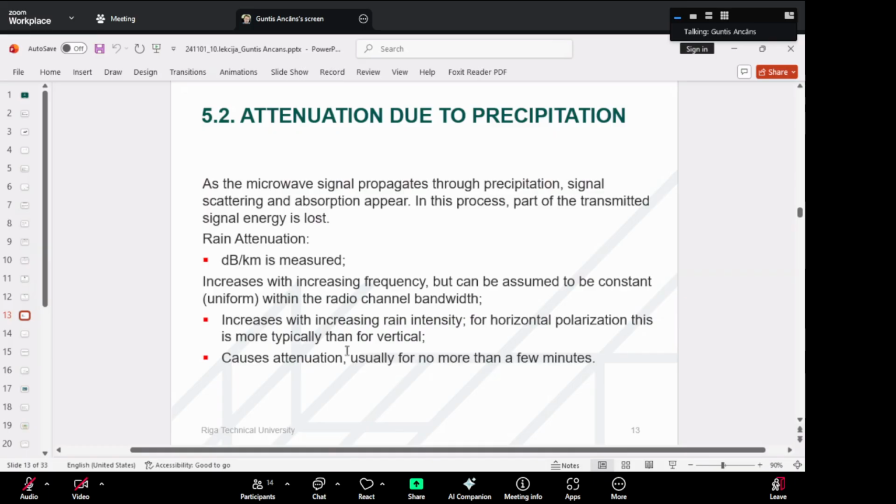The channel bandwidth is usually some megahertz, so the situation does not change too much within the channel limits, but for each frequency band such a parameter is calculated.